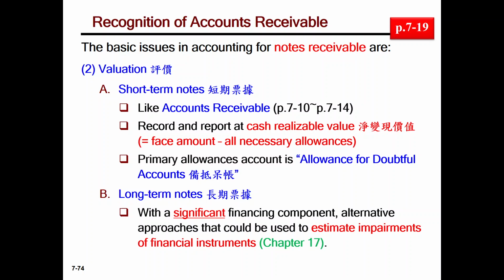Because of short term and long term, we have different methods. Long term is for Chapter 17. Did you find the word impairment, 减损? Impairment actually has the same meaning. We want to talk about the part without future economic benefit.